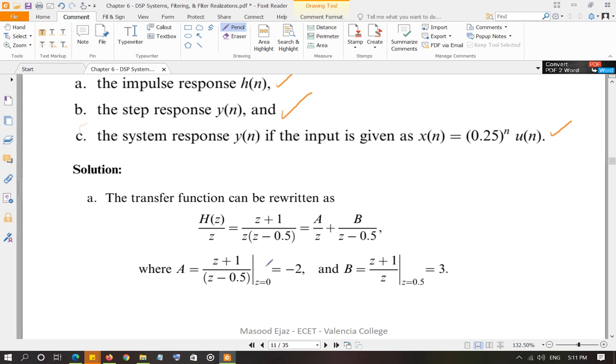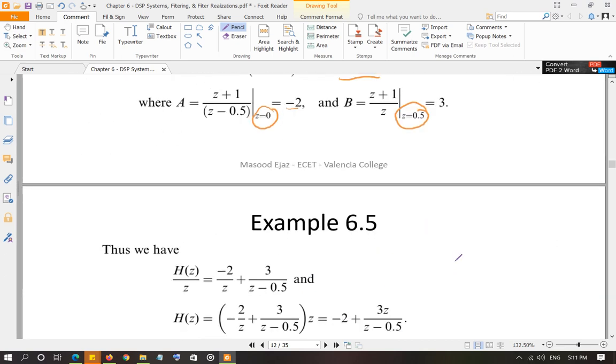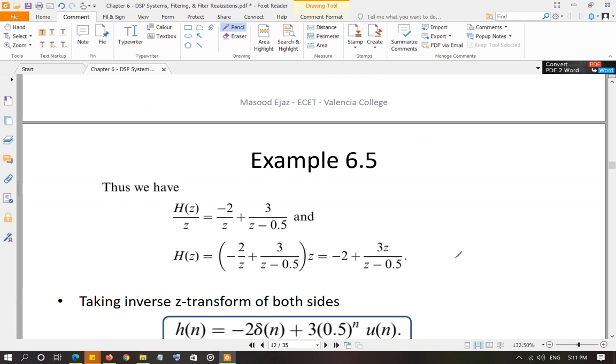You calculate A and B: multiply both sides by z and evaluate at z equal to 0. So A is equal to -2, and to get B, multiply both sides by z minus 0.5 and evaluate at the root, which is z equal to 0.5, and you get B equal to 3. So you plug in those values of A and B, and then multiply both sides by z to get rid of the z that you introduced on the left-hand side.